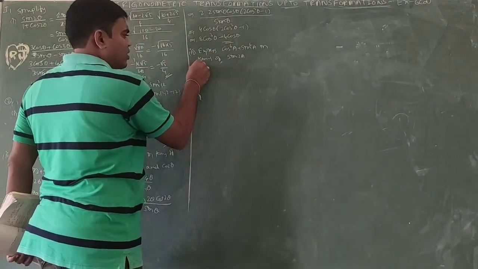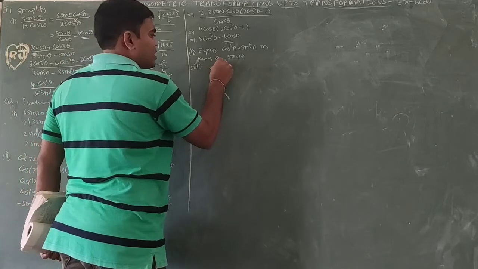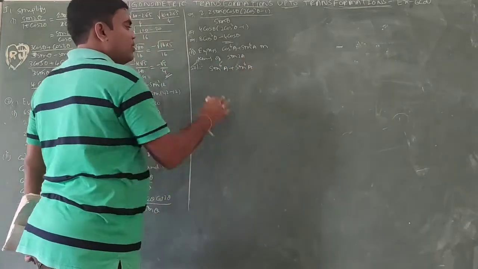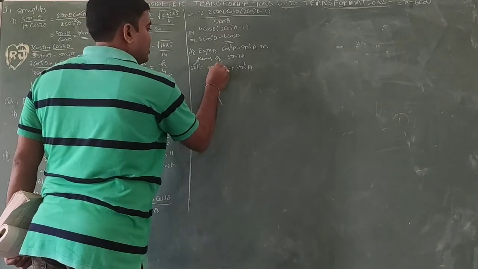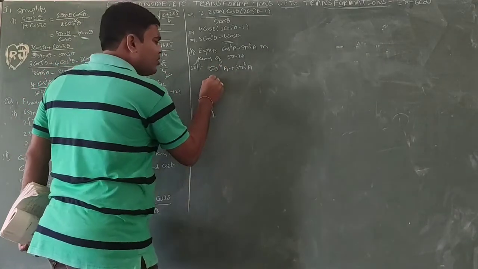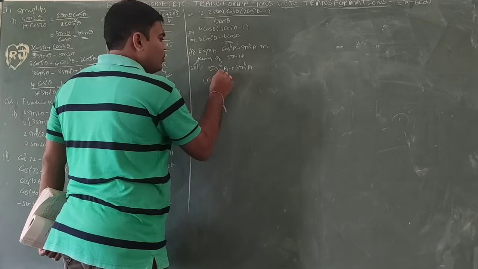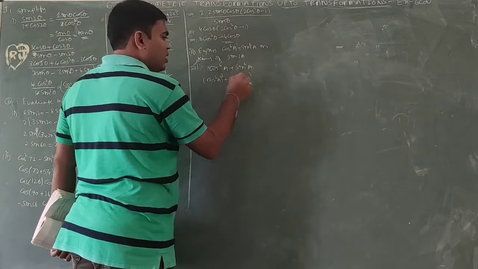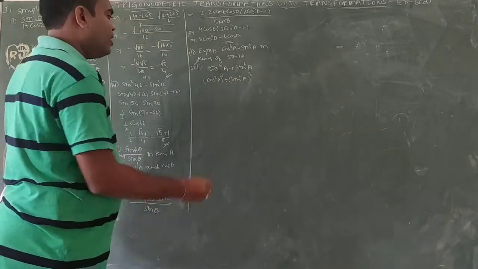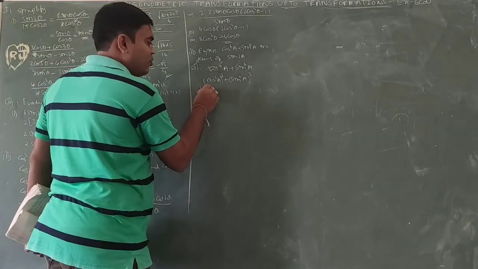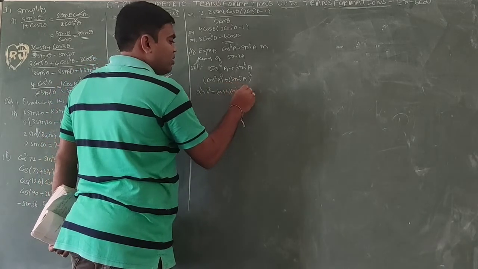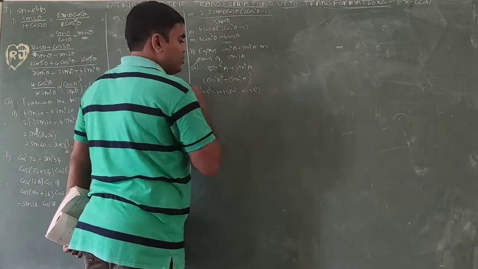Solution. First, I want to write cos power 6A plus sin power 6A. This is cos power 6A, so (cos square A) whole cube plus (sin square A) whole cube. Now I want to use the a cube plus b cube formula: a cube plus b cube equals (a plus b)(a square minus ab plus b square).